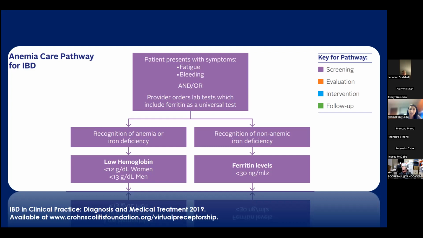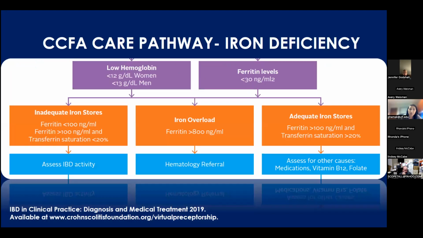Typically, the first thing I do is figure out whether or not a patient has low hemoglobin. Of course, right away, if they have ferritin levels of less than 30, then I know that they are iron deficient, whether or not they have low hemoglobin. If they do have low hemoglobin, the next thing I have to figure out is whether or not they have active IBD.